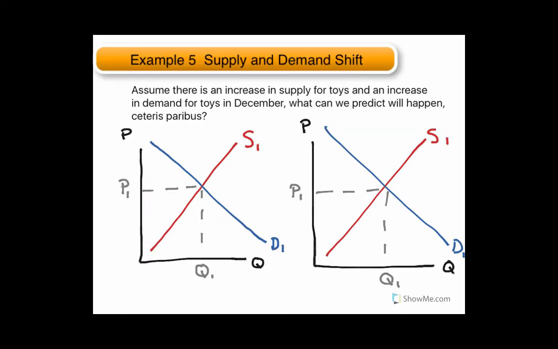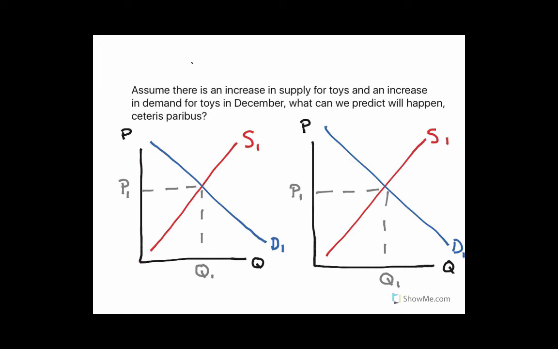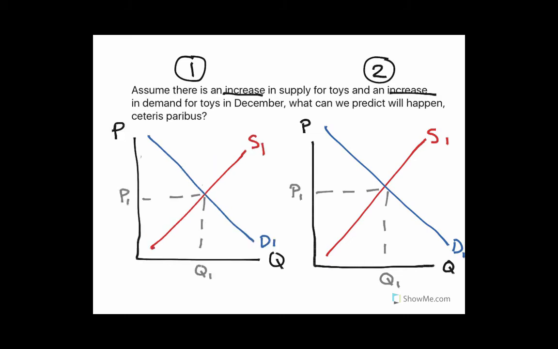So for this example, we're going to do something similar to last time and look at two different scenarios, scenario 1 and scenario 2. So the first thing we're going to do is an increase in supply, but we're going to do a big increase in supply for scenario 1. So in this one, supply shifts right to increase.